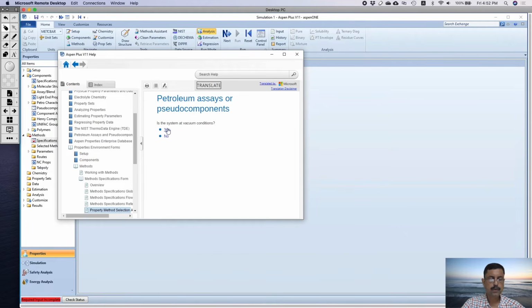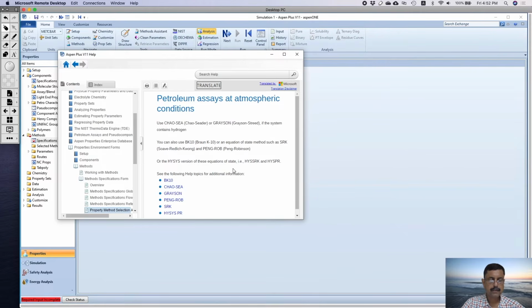No. So you can use these methods. Use Chao-Seader or Grayson if the system contains hydrogen. But our system doesn't contain hydrogen, so you can use Braun K-10 or an equation of state method such as Soave-Redlich-Kwong and Peng-Robinson. Now let us choose Peng-Robinson method.